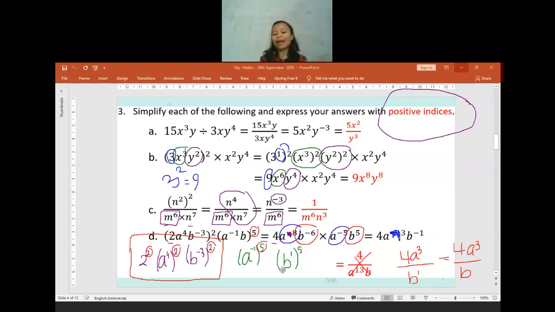When it is only b, you can directly write it as b to the power of 5, or if you get confused, you can put the power of 1 on it: b to the power of 1 to the power of 5. Power meets power, we do times. 1 times 5 is 5. That's why I have a to the power of negative 5 times b to the power of 5.